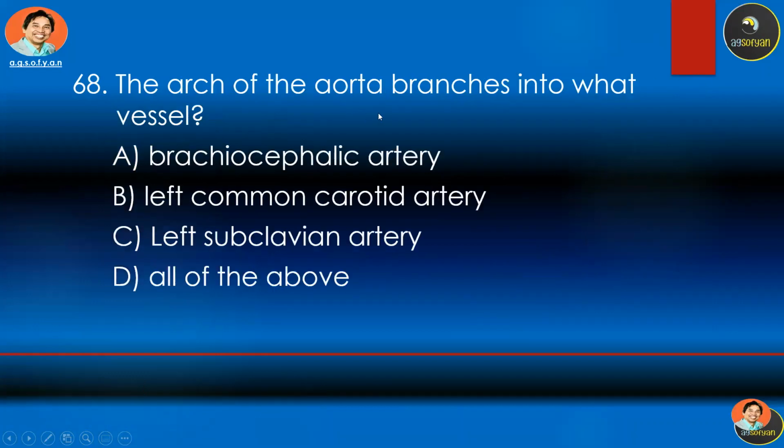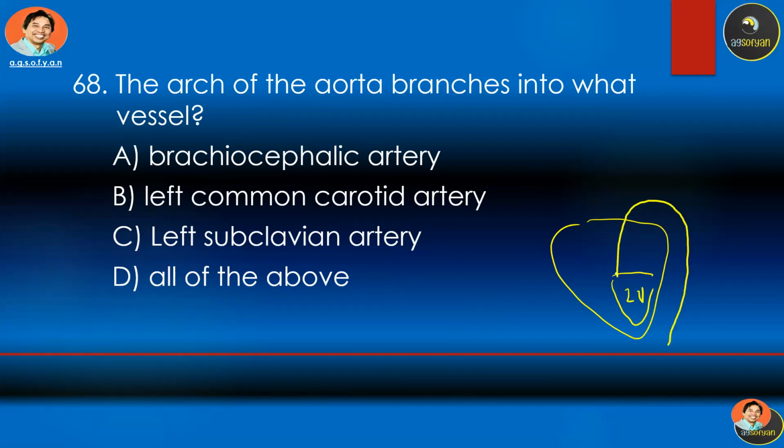The arch of the aorta branches into what vessels? A, B, C, or D. Okay, so if it is the heart again, from the left ventricle, there will be aorta. Start with the ascending aorta and arch of the aorta, and then descending aorta. Remember, the ascending aorta branches into two coronary arteries.